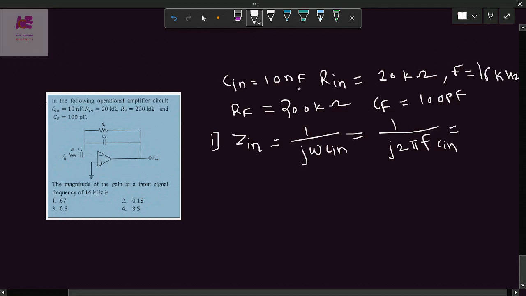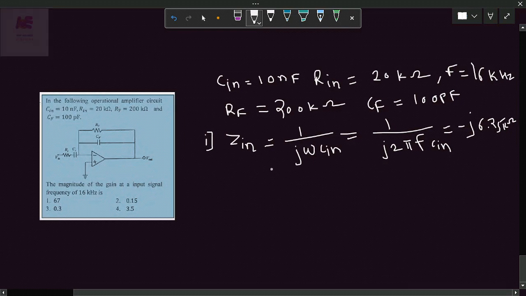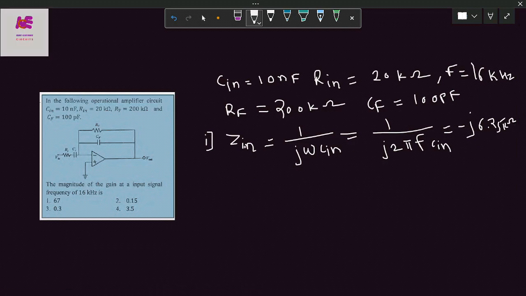The input capacitor value is 100 nanofarad, and from this we can find the value, which is minus j 6.25 kilo ohm. So this is the reactance of the input capacitor.